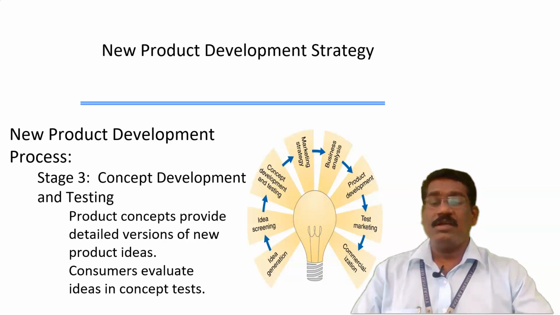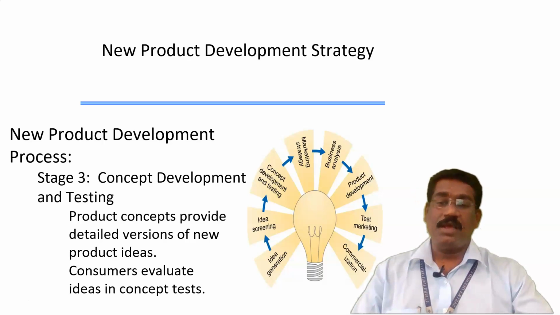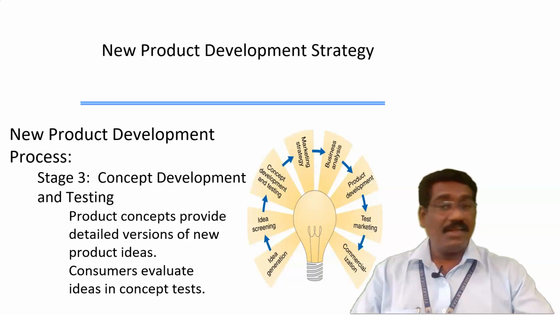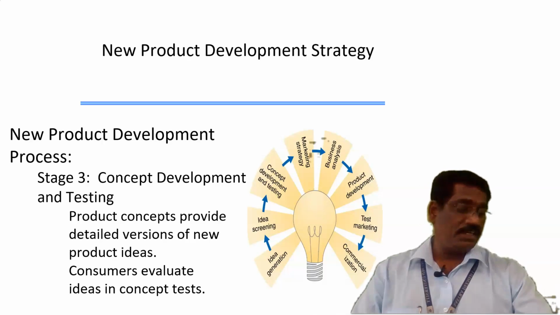In the process of concept development, the research and development department puts together product concepts and provides detailed versions of the new product ideas, and they show those concepts to the consumers, who then evaluate the idea in the concept testing process.